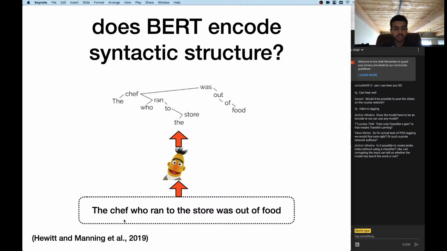Here, "the chef who ran to the store was out of food" could be interpreted in a couple of ways. The more likely interpretation is the chef is out of food, and that's the reason the chef ran to the store. But an alternate interpretation is that the store was out of food, which wouldn't make as much sense here.